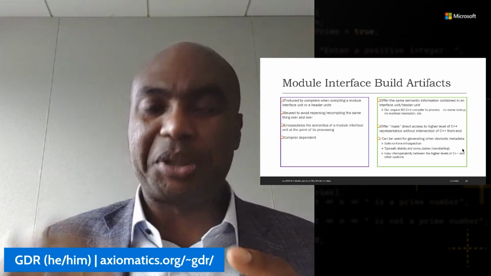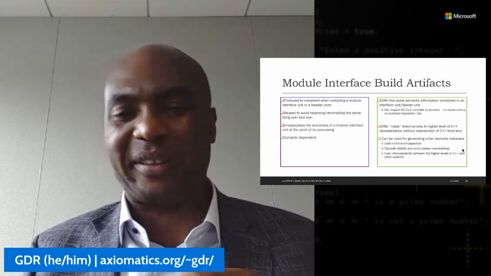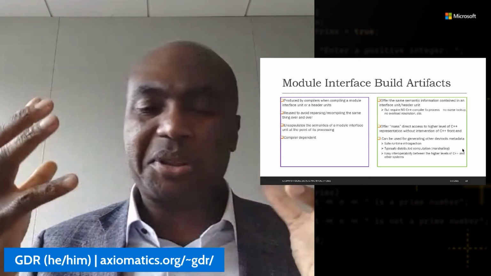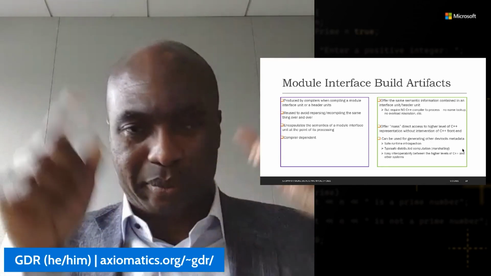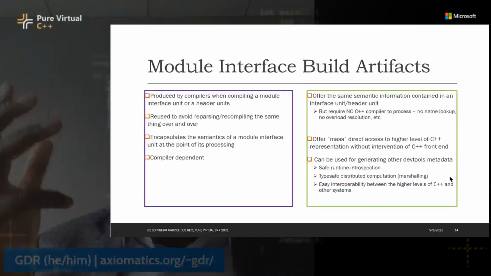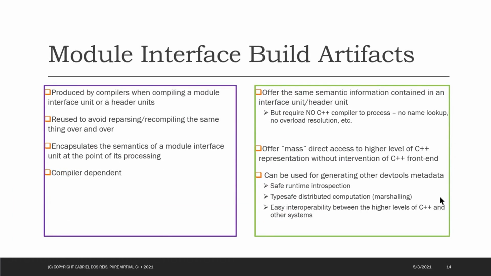So what a compiler will do when it's compiling your interface is produce a complete semantic representation of your input source code, turning characters into a rich semantic data structure. And every time you import a module, it will reuse that representation. That is why using modules is so fast. You don't have to do the same work over and over. Just once. The reuse of the semantic representation, right?